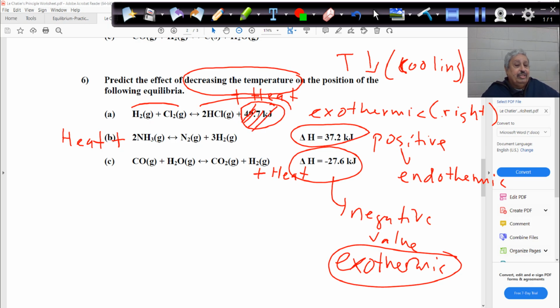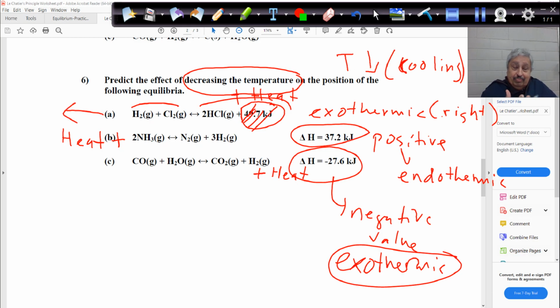So which arm is heavier, the left reactant side or the right product side? The product side is missing what? It's missing the heat, correct? So if it's missing the heat, the right side will be missing some of its weight, if you visualize the whole thing's weight. So the arm on the right side will be lighter, and the left side will be heavier, because the right side has lost one of its components, the heat. So the shift will be which way? In A.